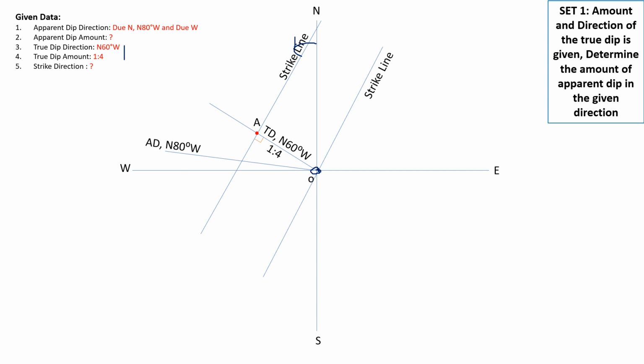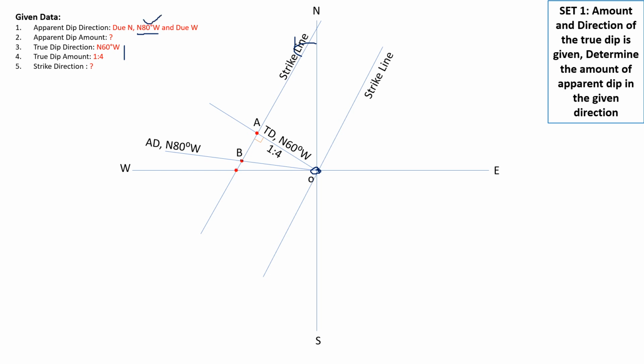I'll mark apparent dip as north 60 degrees west, and wherever it is cutting a strike line, that point I'll name it as point B. Because they are given this north 80 west. So if I measure the distance OB, I'll get the apparent dip amount along north 80 west.